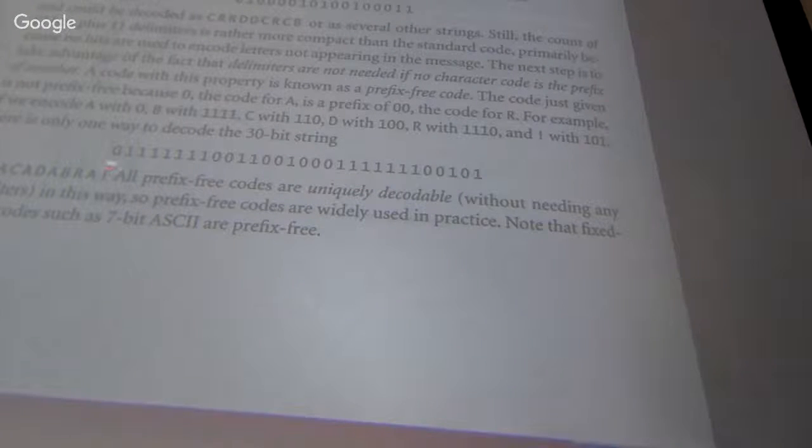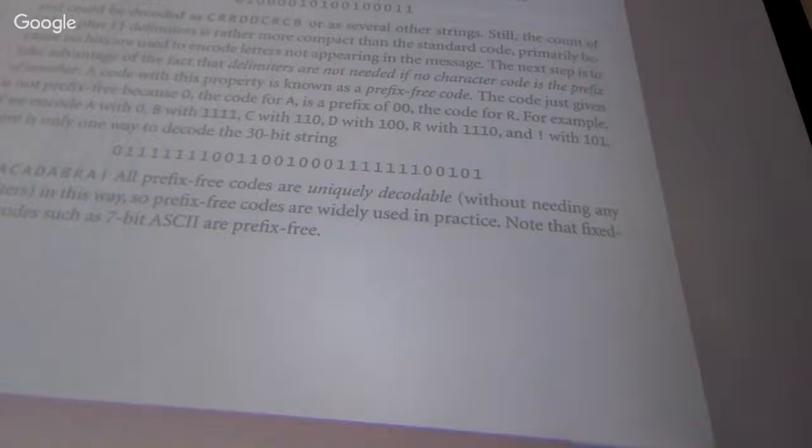Because if I get a 0, I know it must be A. Yes, so that's the end of my first character, the one and only thing there. Now I start with another character. Then I get 1, 1, 1. See, the 1, 1 is confusing because it can be either a B or a C or an R. So you have an exclamation, then it goes 101, and then a C after that.